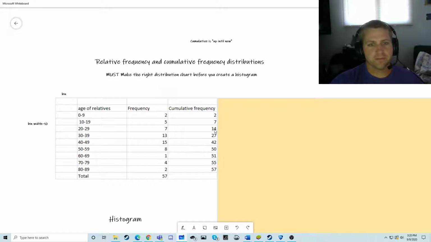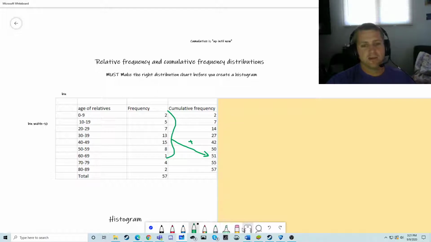The third slot is 2, 5, 7. 7, 7 is 14. The fourth slot takes all 3 of those, adds it to this one, keeps going. So like this one here is all of these guys all added up to get 51. So that's a cumulative frequency distribution.